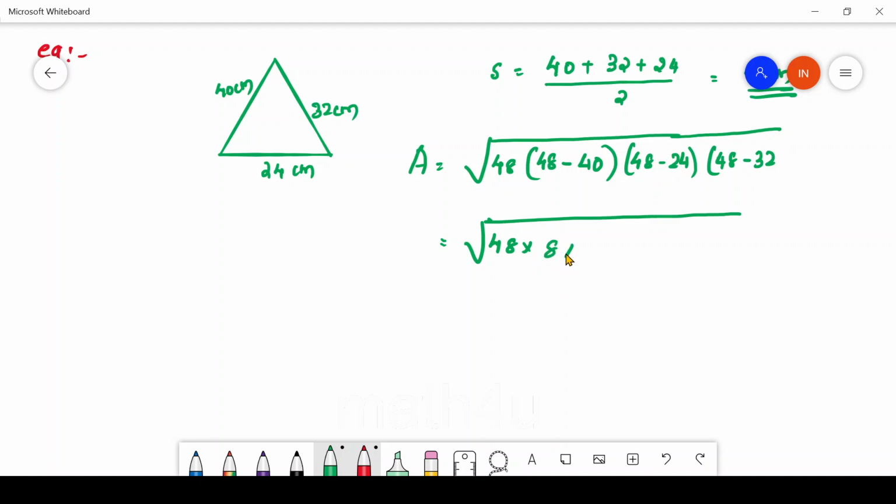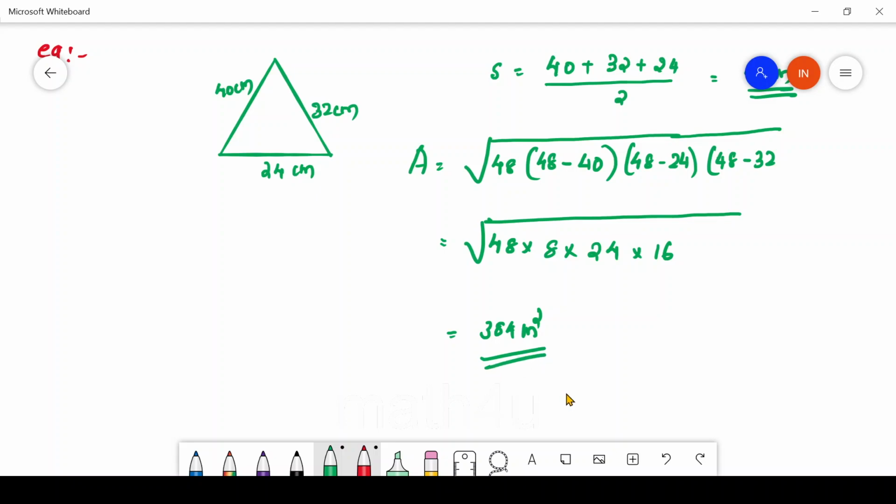That is 8. 48 minus 24 is 24, and 48 minus 32 is 16. So this much is the area. Now you have to calculate this. Split this into smaller factors and take the root of it. You will get it as 384 meter square.